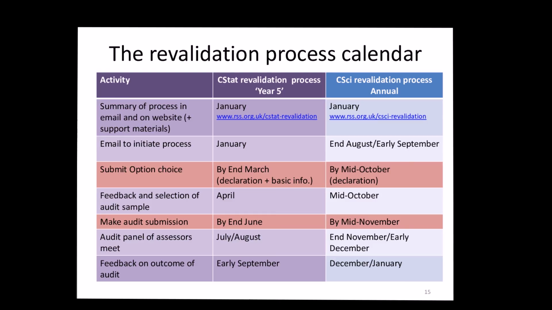We will also clarify the possibility of reapplying for CStat status in the future. So if you are not selected for audit, the process completes for you at this point. And if you chose option A, your revalidation date will normally be reset to the 1st of January 2023.